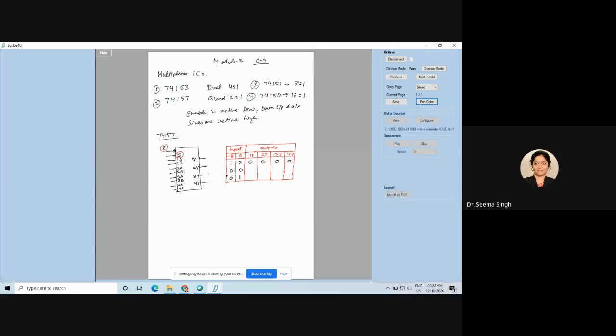So this 1Y will be connected to the first input if select line is 0. So what is the first input? 1A. Same way, first input for the second one is 2A, 3A, 4A. So 1Y will be equal to 1A. Then here it will be 2A. All will be connected to their first input if select line is 0.